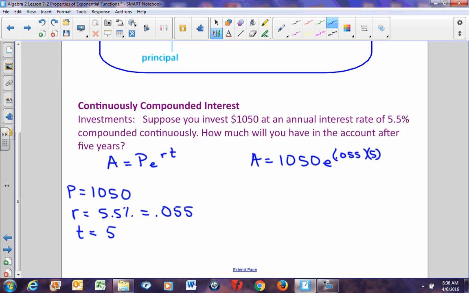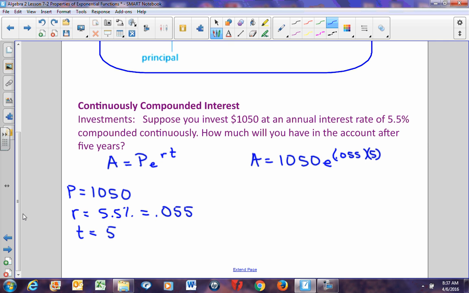So if I put all that on my calculator, just make sure that when you put it in your calculator, the power stays up there. So 1,050, find my e key, e to the 0.055 times 5.